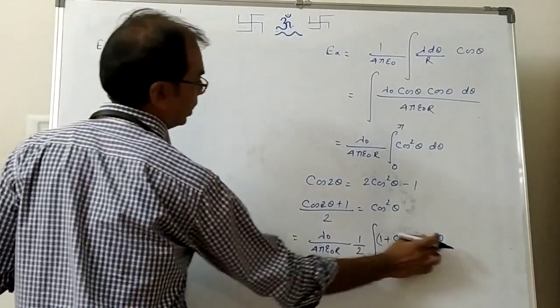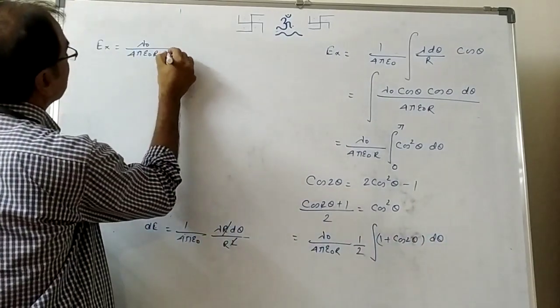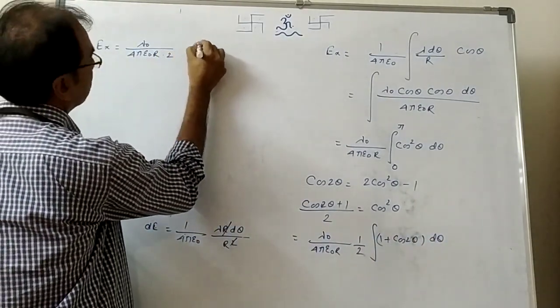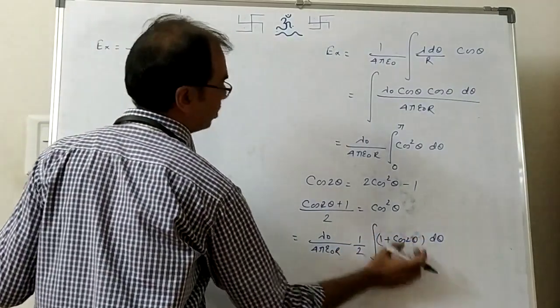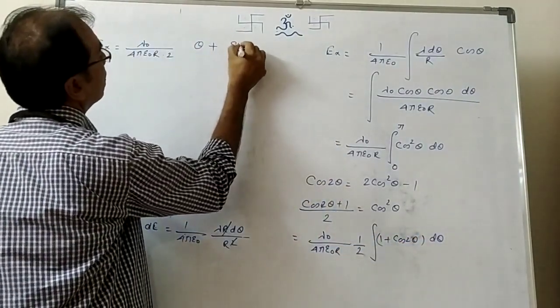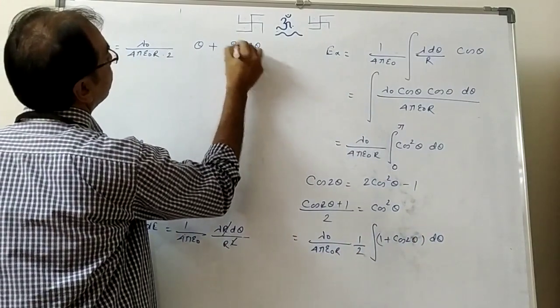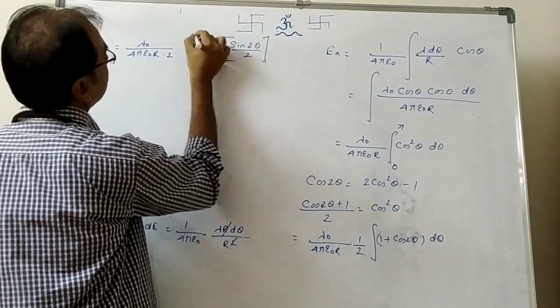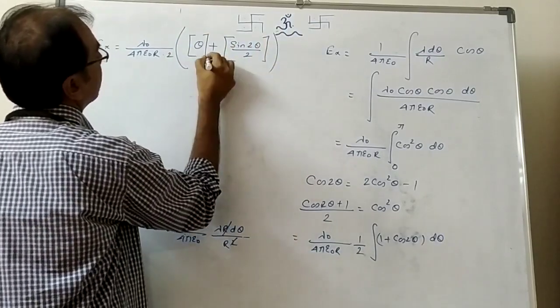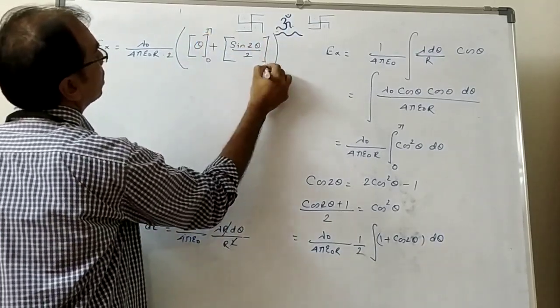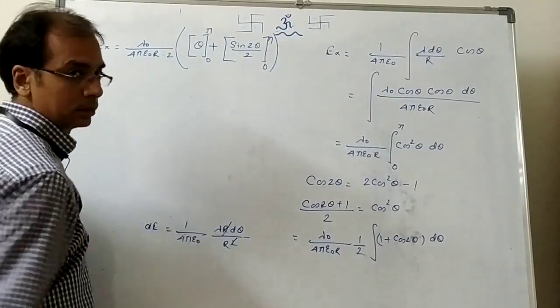As I said, 1 d theta, its integration is going to come theta plus integration of cos 2 theta is sin 2 theta by 2. Put the limits at both the places, here also and here also. What is the limit? 0 to pi, and here also 0 to pi.